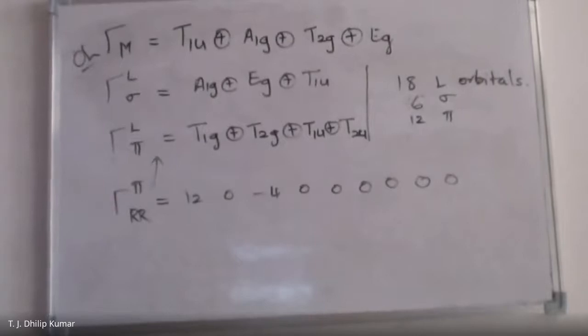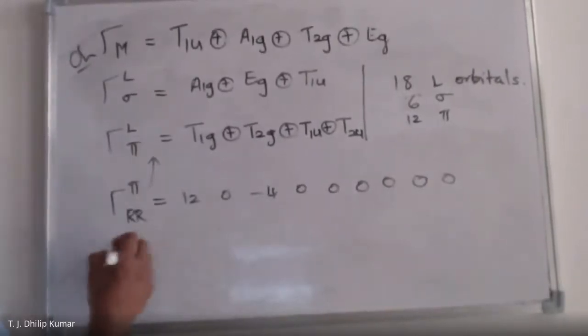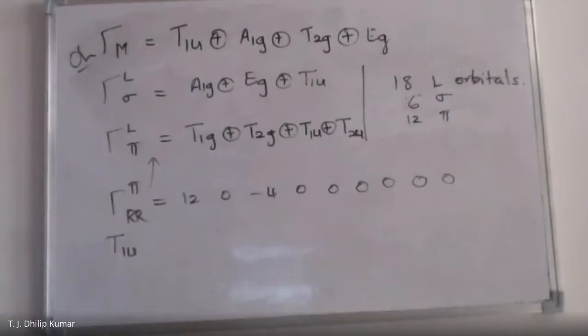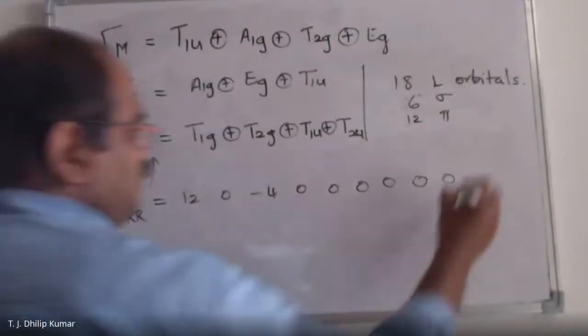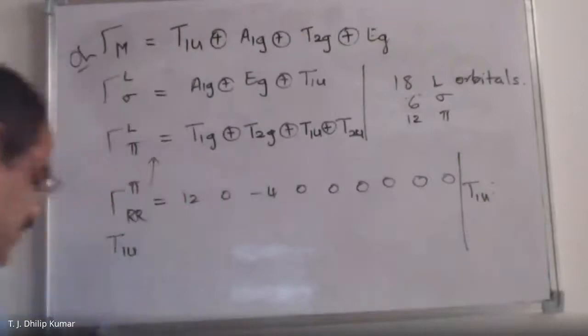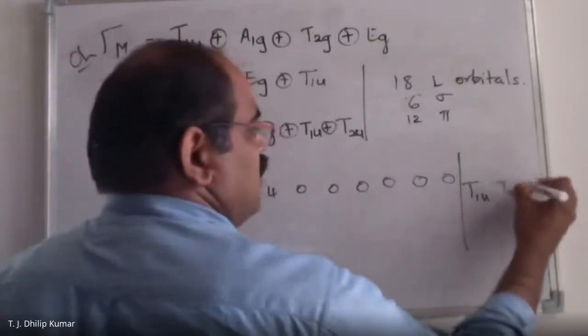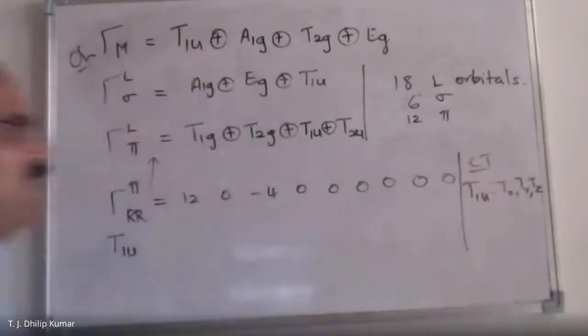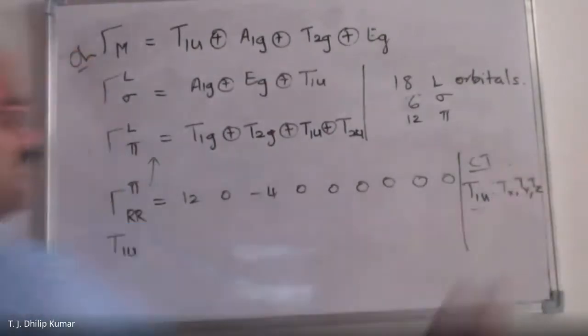And if you start with the T1U symmetry, you just check the character table of the octahedral complex, which I wrote last time, at least partly. If you see under T1U, the basis will have Tx, Ty, Tz.